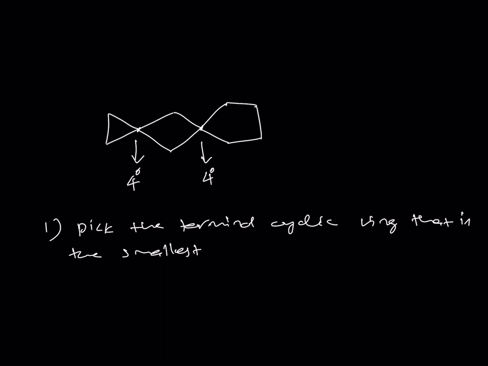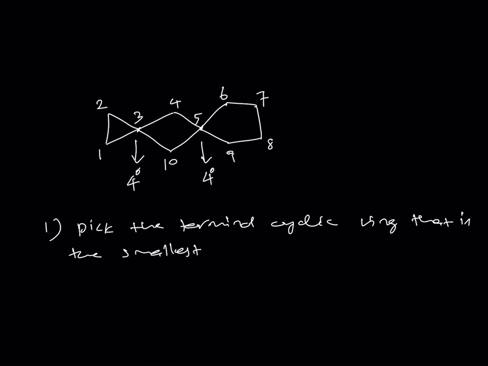And we know that we have to start adjacent to the quaternary carbon. So let's start from here. 1, 2, 3. You can go either side in this case because both are going to give similar results. So 4, and then 5, 6, 7, 8, 9, 10.